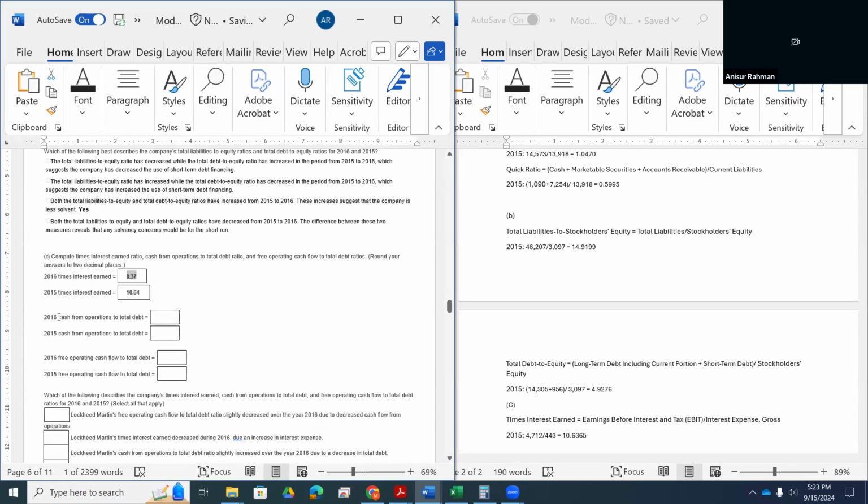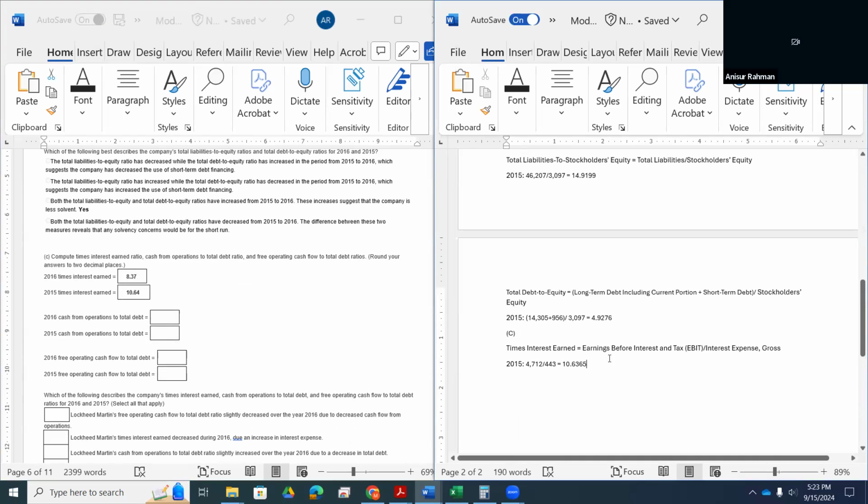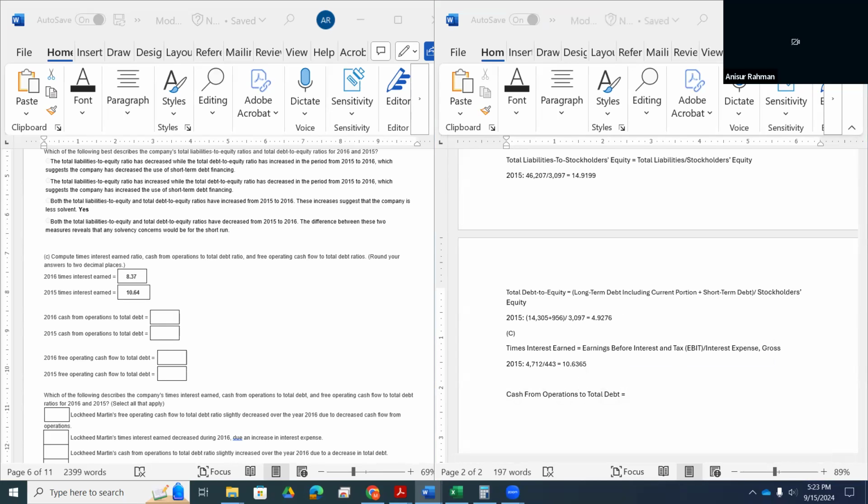Cash from operations to total debt. So this is equal to your cash from operations divided by short-term debt plus long-term debt.